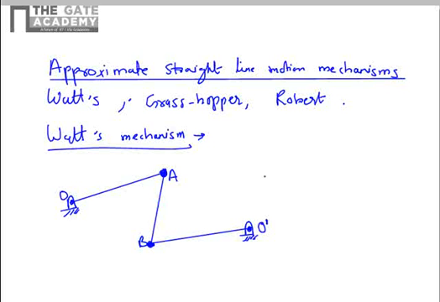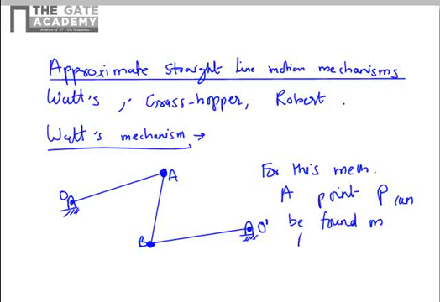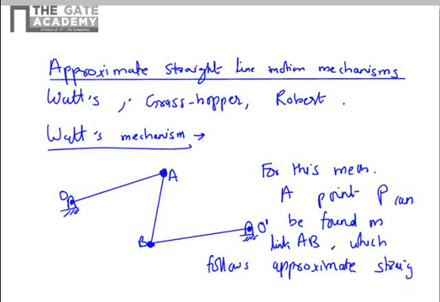So the theorem given is that for this mechanism, a point P can be found on link AB, which follows an approximate straight line for a limited travel of the mechanism.